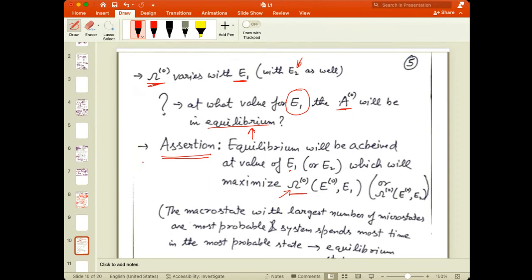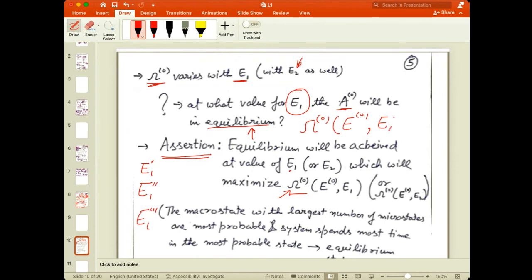Because you can have varied values, so E1 can have some value E1 dash, then it can have another value E1 double dash, then another value, suppose E1 triple dash, in such a way that every time the omega of the composite system, the number of microstates accessible to the composite system, we just notice that it is depending upon just the total energy and E1.